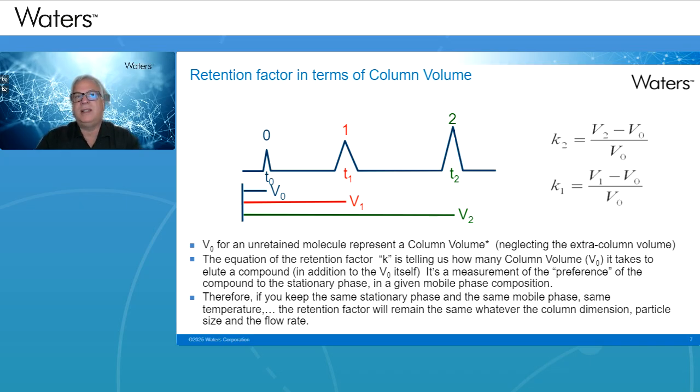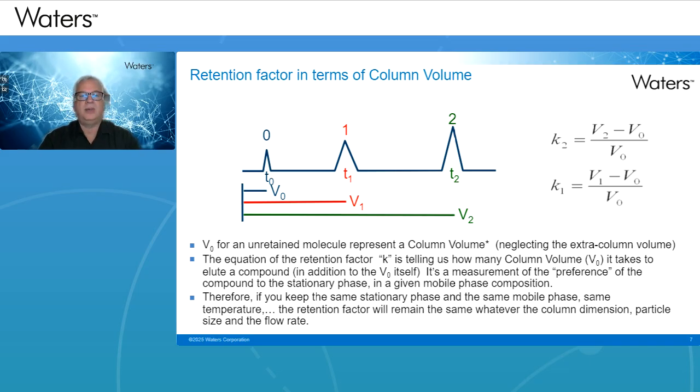V0 is basically, for a compound that is not retained, that volume represents the column volume. So there's no interactions. This is just how much time it took or how much volume it took to go across the column. So when we divide V2 minus V0 divided by V0, basically we are calculating how many column volumes it took to elute my compound 2.